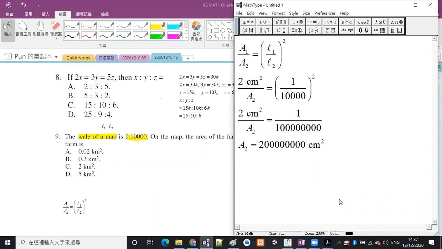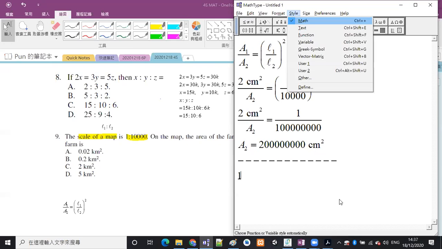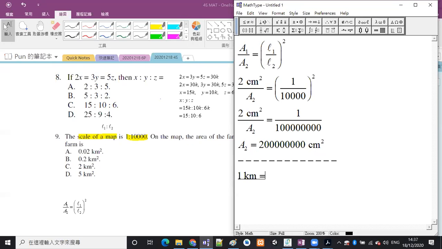Well, if you are not very familiar with this lesson from when you were young, then just memorize it. Let me say the safest method first. You can skip some steps in the middle if you can. OK? I want to change the unit from cm square to km square. I need to find the relationship between km and cm first. Okay? 1 km is equal to how many cm? That is the question I want to ask.